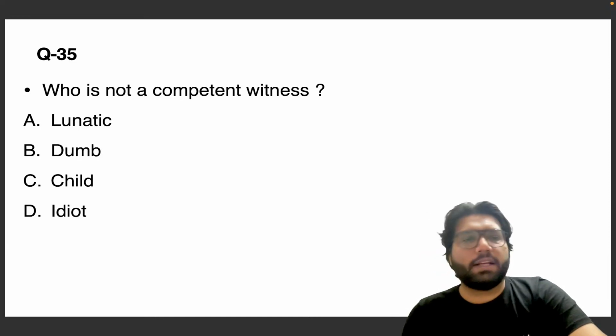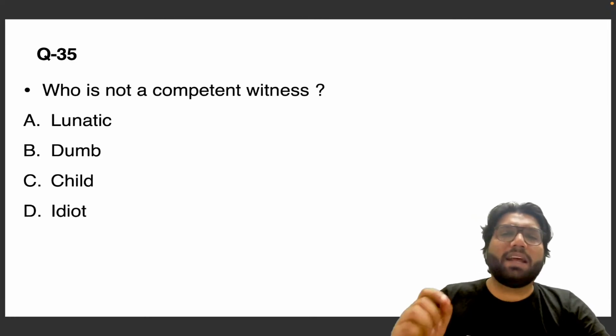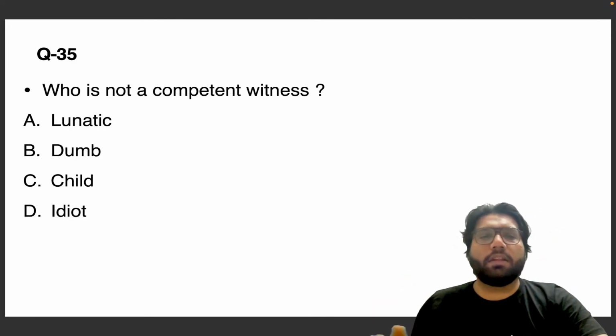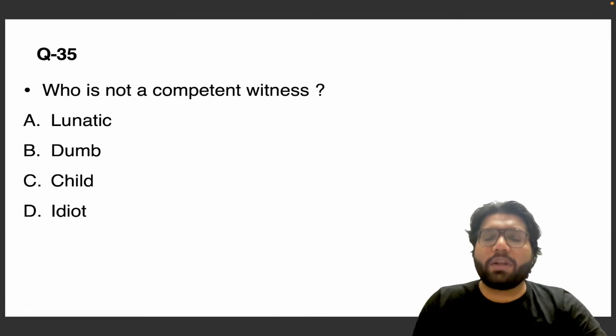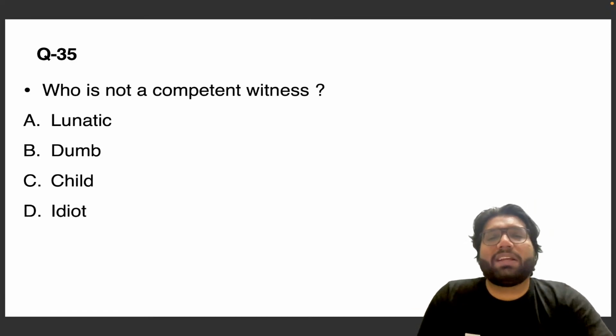D is the correct answer, students. The answer is idiot. Now, the reasoning of this question I'm giving you in advance. If a person cannot understand the question properly, then obviously he cannot be a competent witness as per section number 118, and this is what the idiot is.